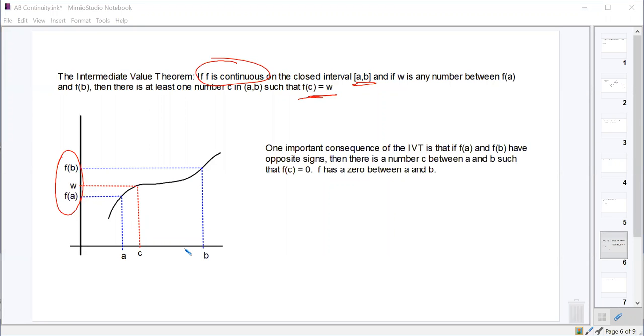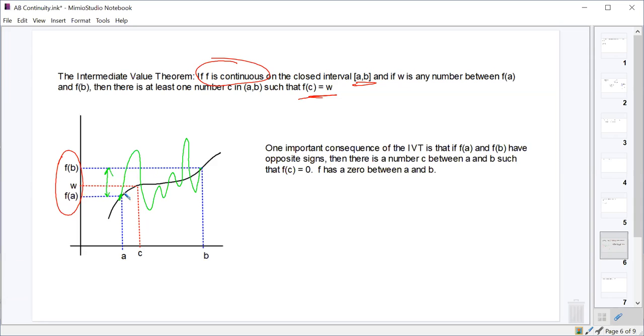Basically what it's saying is if I pick up my pen and try to draw from A to B and f of A to f of B, no matter how I do it, doesn't matter what it looks like in between, I will hit every single y value between f of A and f of B, no matter what.